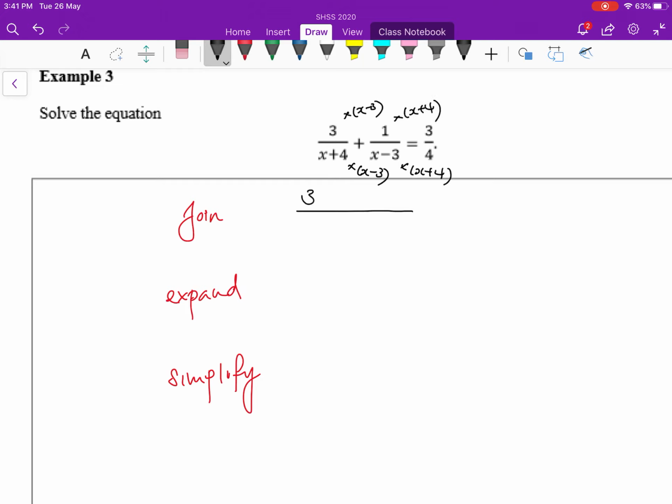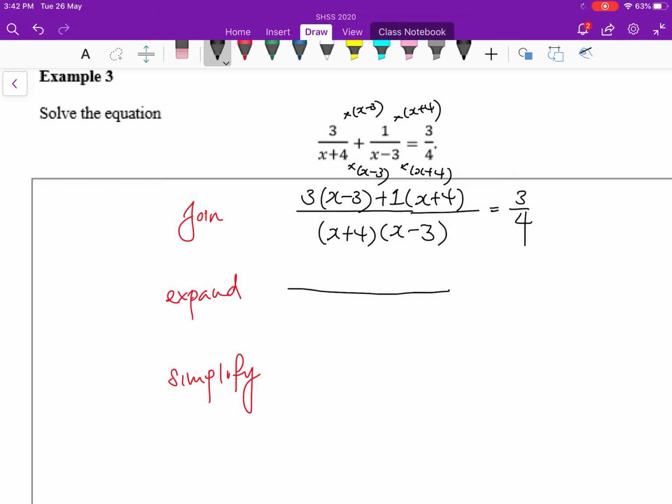Join them together: 3 bracket x minus 3 plus 1 bracket x plus 4 over x plus 4 x minus 3, not forgetting the other side, which is 3/4 over here.